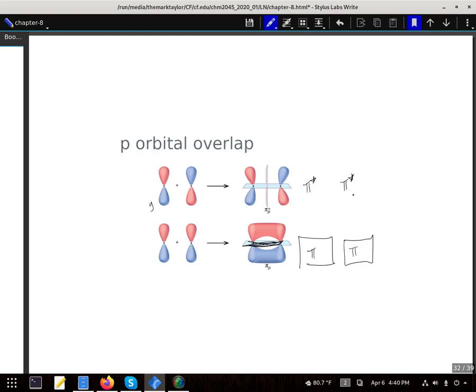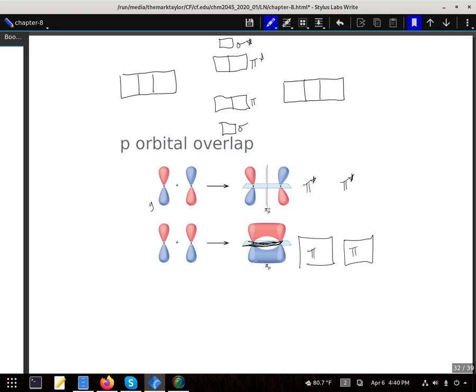So another way to see it, if we looked at all three of our p orbitals on atom A and all three of our p orbitals in atom B, we have two that overlap to create sigmas, and then you have two that overlap to create pi's. Those three and those three make these six when they form that overlap.